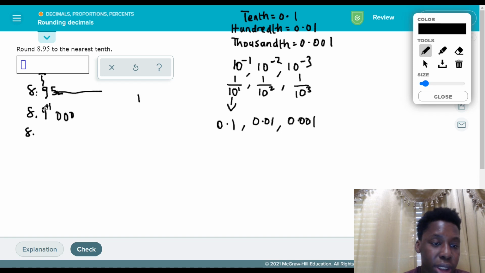But since we know that this 9 is going to make it a 10, we can just add 1 in here. So instead of saying 8.10, we can now say 8 plus 1, and then this turns into a 0, because 9 plus 1 is a 10.